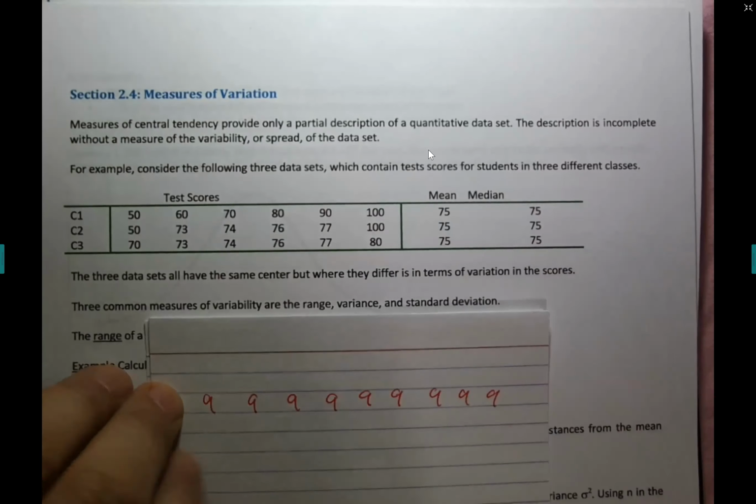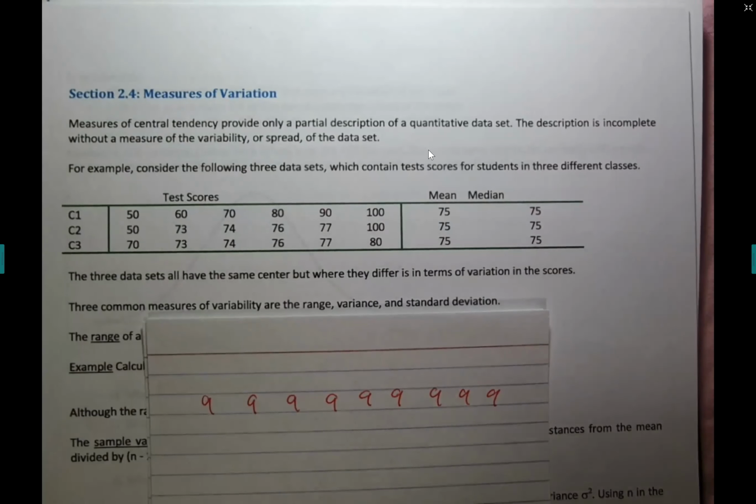Nine out of 10. Everybody gets 9 out of 10. What do you think the standard deviation is going to be? I don't need to calculate the standard deviation to figure that out. I know already what it is.